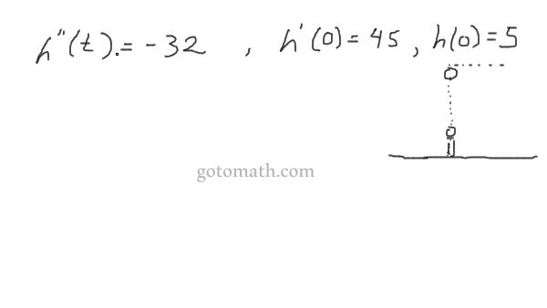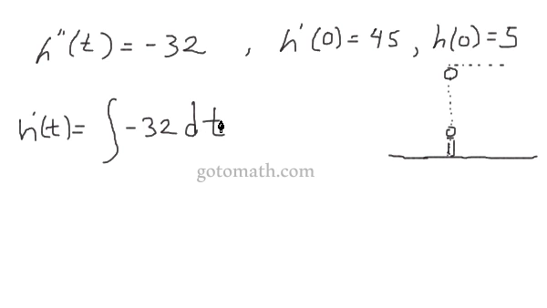And of course, we're given the second derivative. So to find h prime of t, we're going to take the integral of negative 32, and so we have negative 32t plus c is our h prime of t.